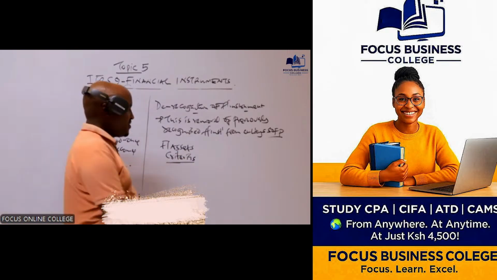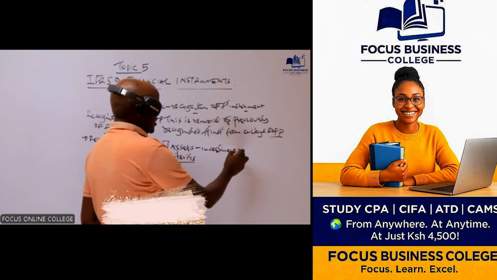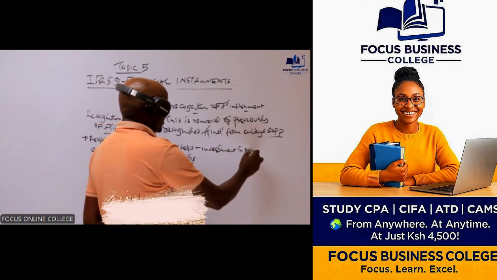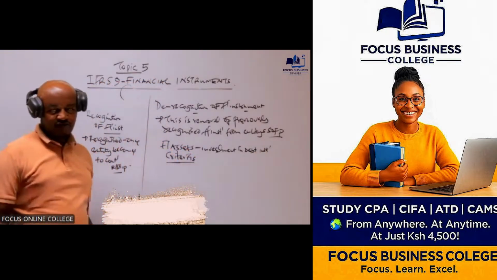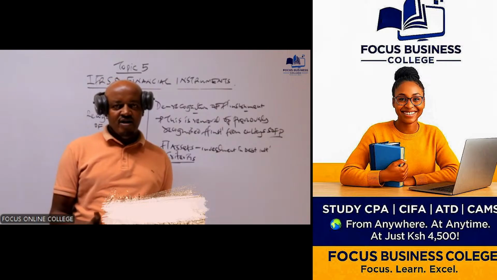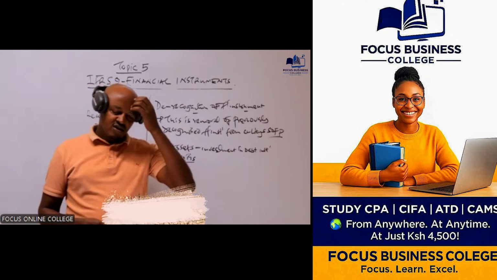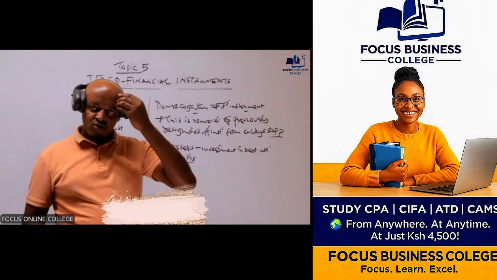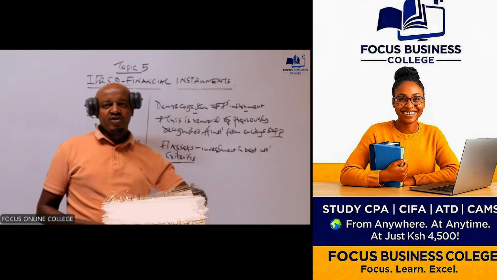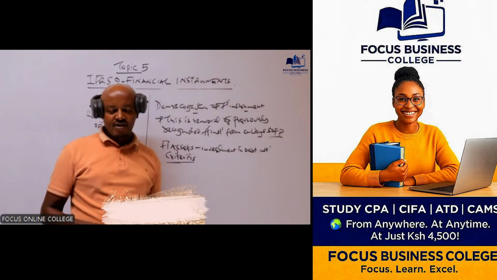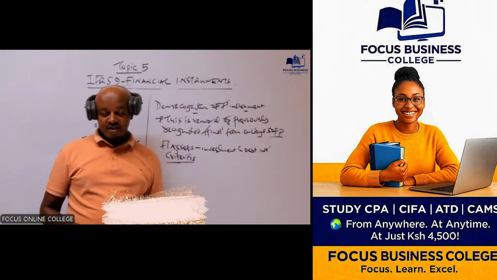A financial asset, basically, I've said, is an investment in a debt instrument. For example, if today you have some cash in your bank, instead of money staying there, you may decide to invest in government securities. You buy government securities having a value of 1 million, and then you'll be earning some interest. Once they mature, you're given back your money. So that investment in government securities to you is a financial asset.